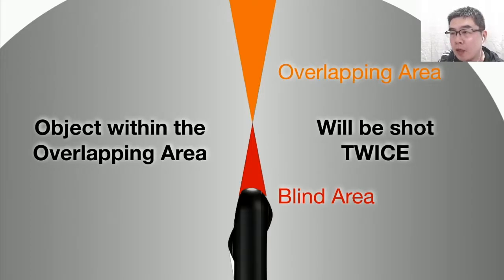But every object within the orange triangle will be shot twice. So that is exactly the secret, that you can take advantage of these overlapping areas to get rid of the stitching line. So that is all the basis of our trick.